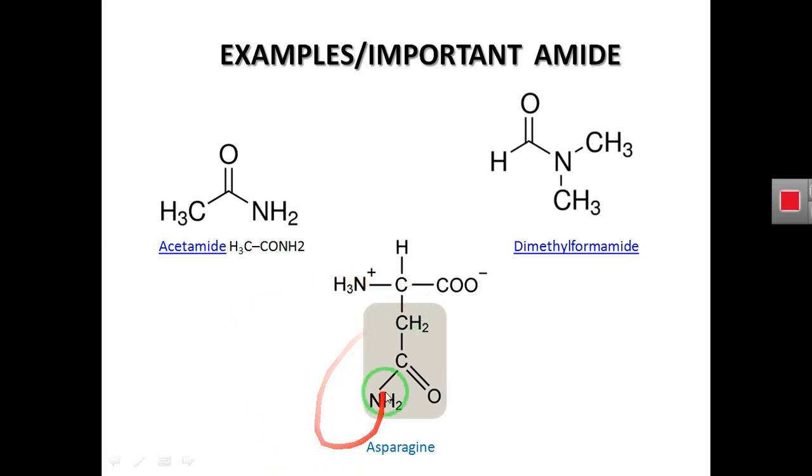So asparagine is an example of amide, because it follows the definition of amide, and it is a building block of protein. So what are amides? Amides are the derivatives of carboxylic acid, in which a hydroxyl group is replaced by an amine group.